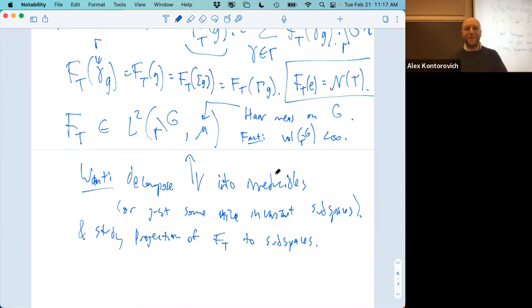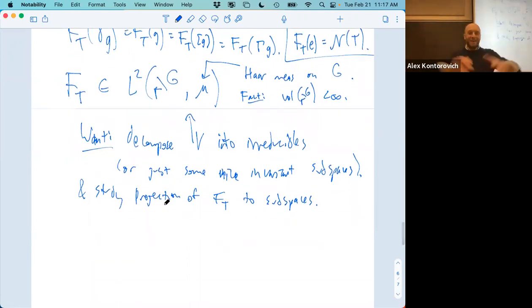Well, not always, actually, but the fact that the volume is finite means that there is one. The constant function is the only one I can think of, the function that just takes the value 1 everywhere. So V is the constant function of all just being 1 on the quotient. That is in L2. The constant function is square integrable exactly because when you try to square integrate it, you get the volume, and the volume is finite. So the constant function is square integrable, and then let's just say V per.